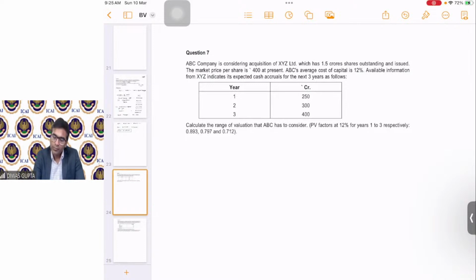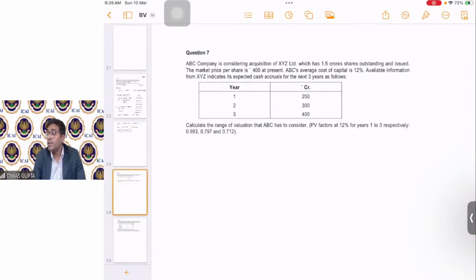Understood? The market price per share is 400 at present. ABC's average cost of capital is 12%. That means we know the WACC of ABC. Available information from XYZ indicates its expected cash accruals for the next 3 years are as follows.